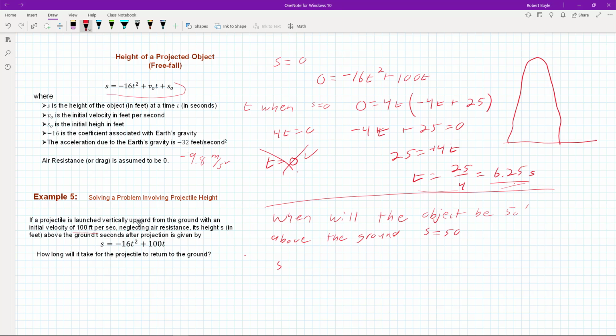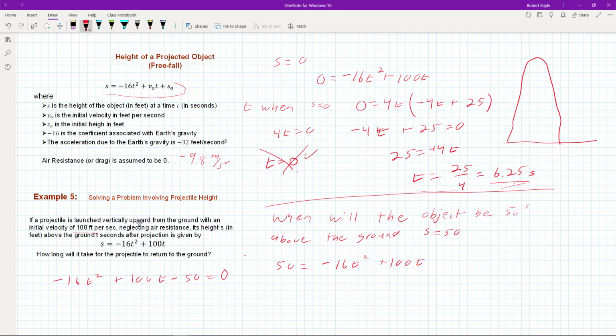And our equation will be 50 is equal to negative 16t squared plus 100t. Once again, we can put this into standard form, and that would be negative 16t squared plus 100t minus 50 is equal to 0.